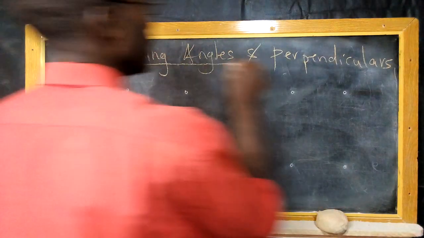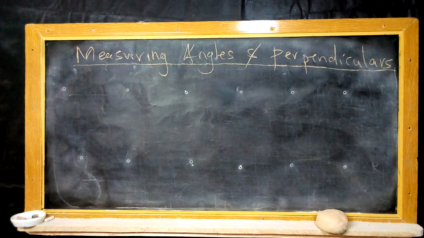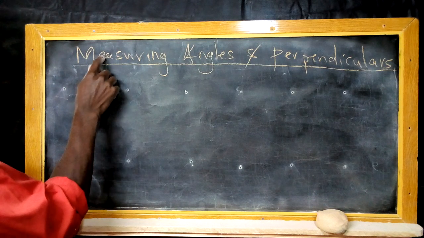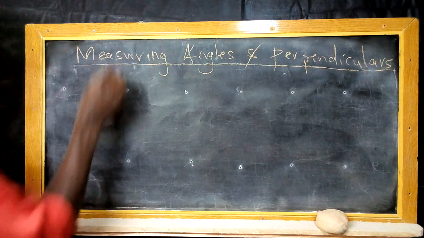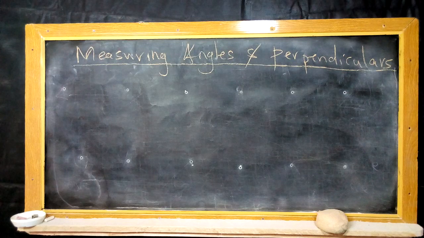As we have said, an angle is a junction of rays that start from a common point. We can measure the degree at which these rays extend from one another, or the degree at which they are closer to one another.